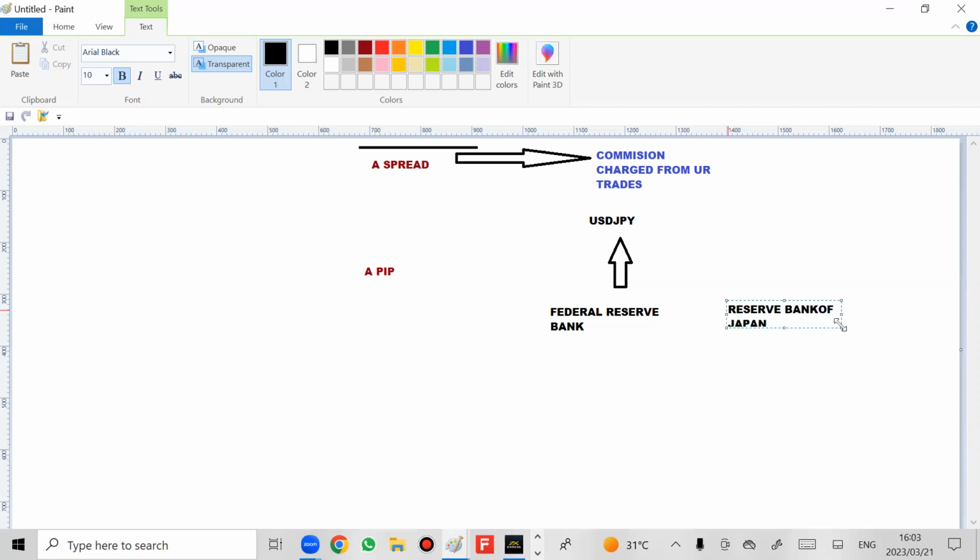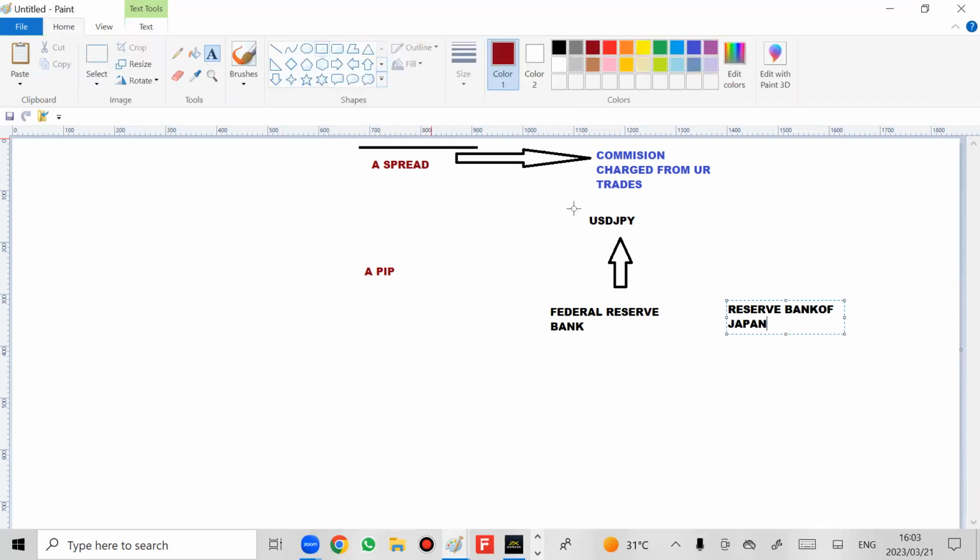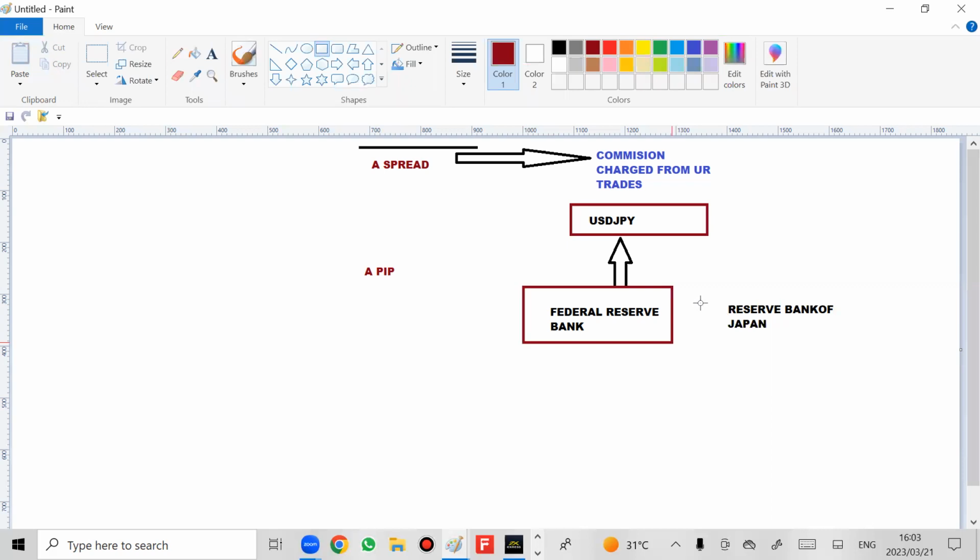Wherever you trade any pair, just know that two countries, two big banks are associated. So here we're talking about USD JPY, and the two banks are the Reserve Bank of Japan and the Federal Reserve Bank of the US.